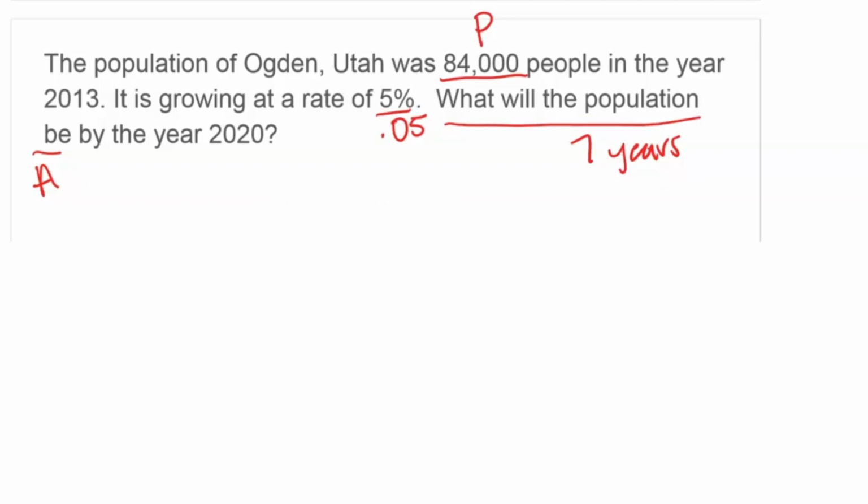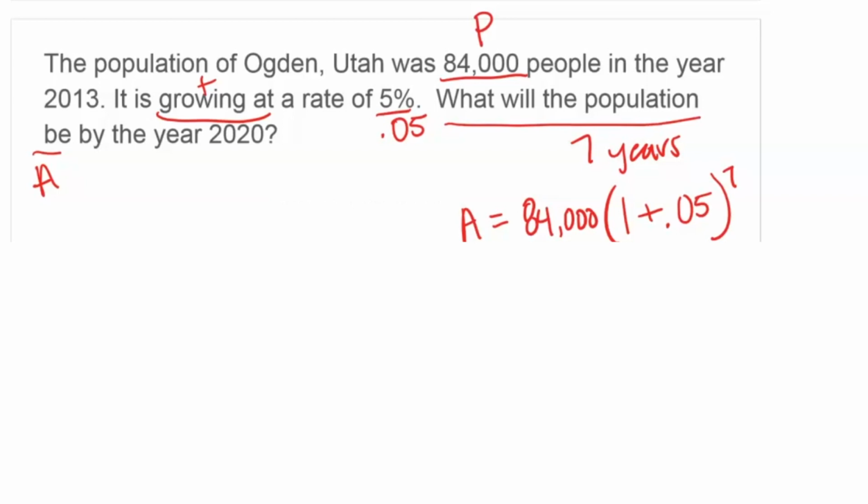So putting it all into the equation, we have A equals P was 84,000 times 1, and it is growing. So we are adding the rate, 1 plus 0.05 for 5%. And then our time will be 7 because 2013 to 2020 is 7 years.